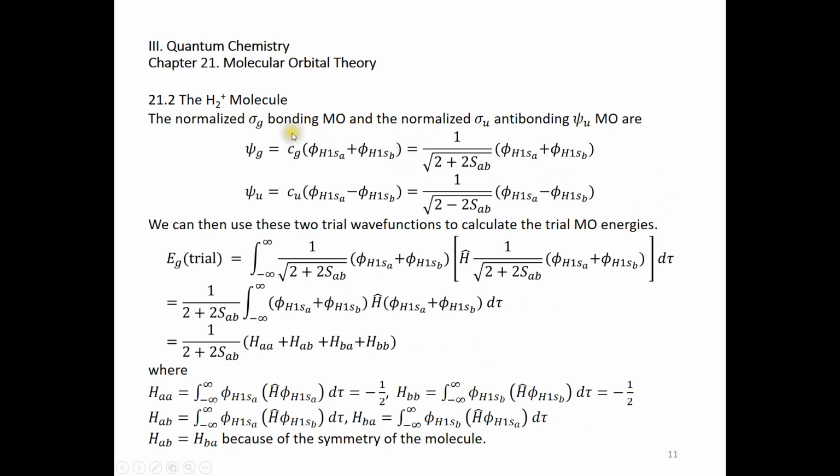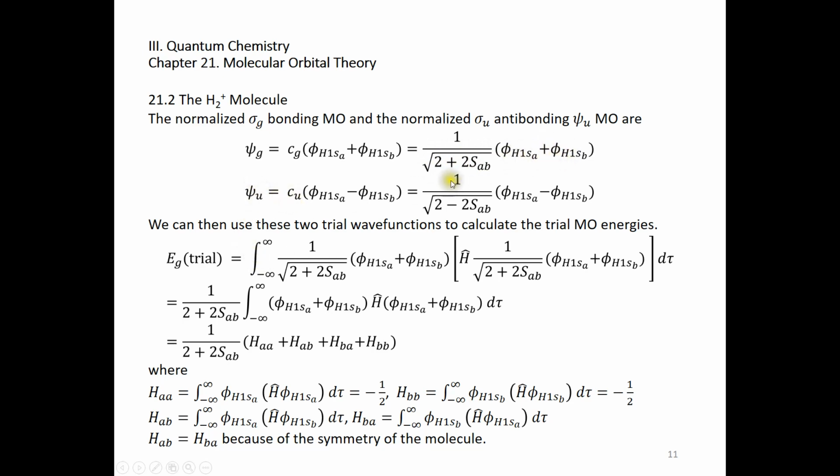The normalized sigma g bonding orbital and the normalized sigma u antibonding orbital MOs are these two. Sigma g, or psi g, as the wave function is 1 over the square root of 2 plus 2 times the overlap integral, and then times the sum of 1sa and 1sb.